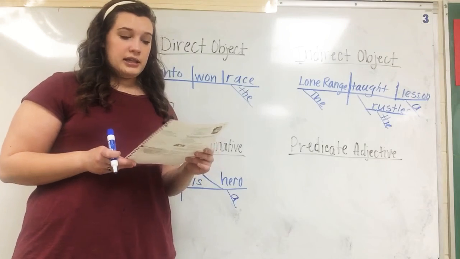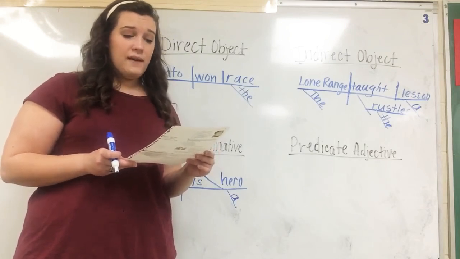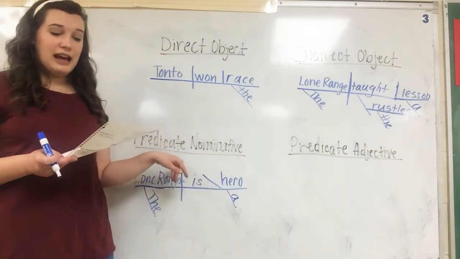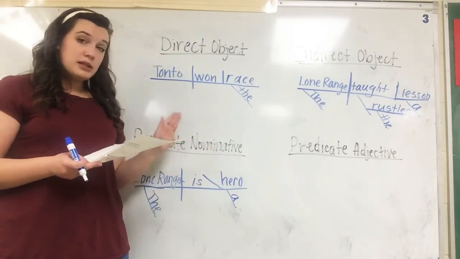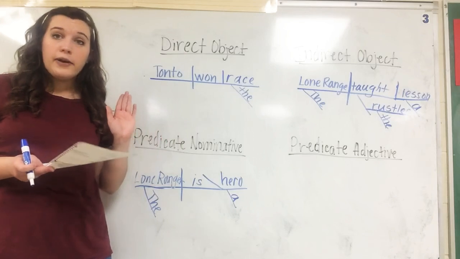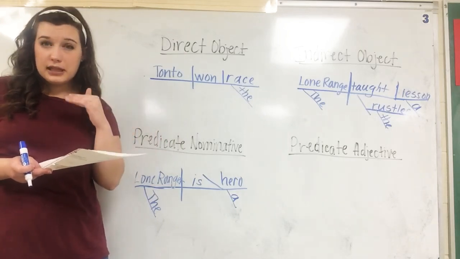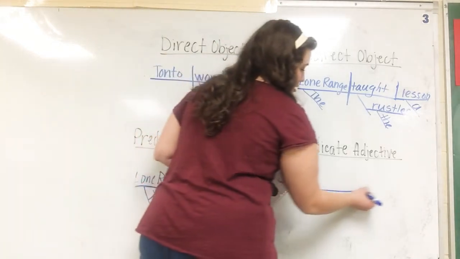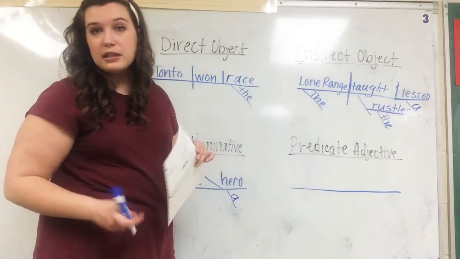Okay, and the last one is the predicate adjective. So this is same thing as with your predicate nominative. The predicate adjective describes the subject, okay, but it describes it in the predicate part of the sentence. So same thing, horizontal line. Our sentence to show this one is Tonto is loyal.